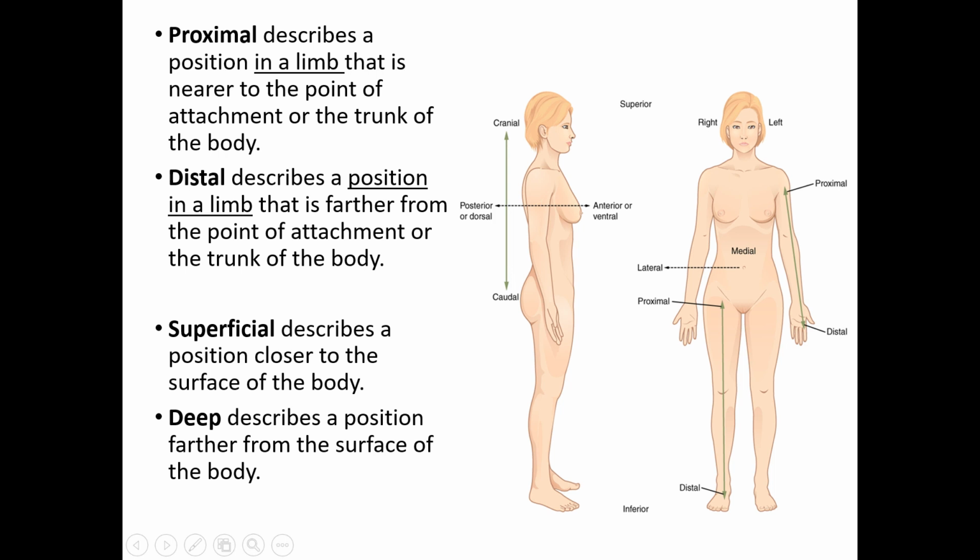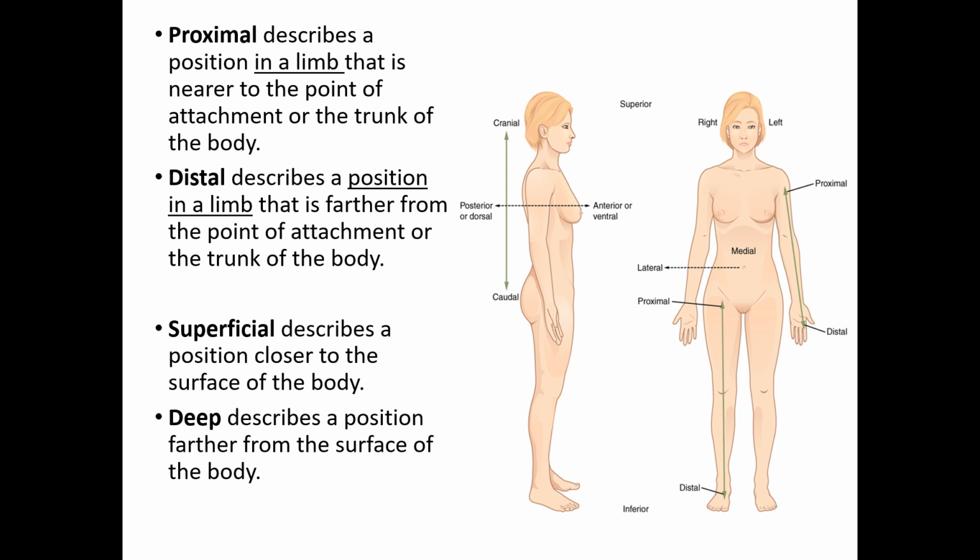When it's away from the point of attachment, it will be distal. For example, elbow. When we compare the elbow to the shoulder, the shoulder will be proximal to the elbow because it's closer to the point of attachment, and the elbow will be distal to the shoulder. But if you compare your elbow to the hand, the hand will be distal to the elbow, and the elbow will be proximal to the hand.